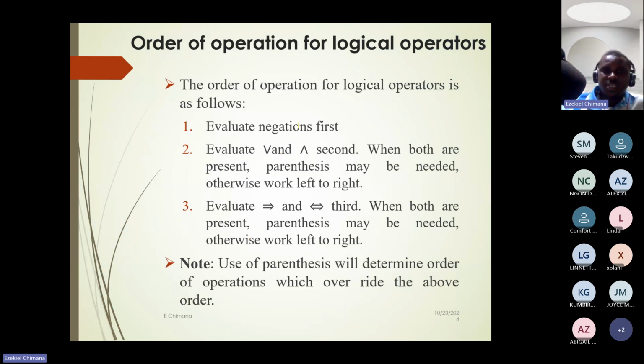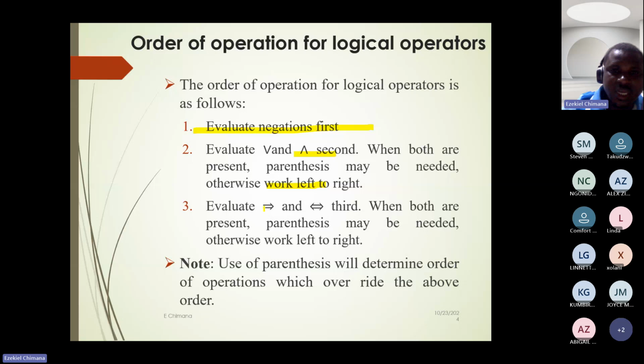Then order of operation for logic. This is like what you have with BODMAS or BOMDAS, something like that. The order of operation for logic operators is as follows. If you are given a compound statement, you need to evaluate negation first, then evaluate the AND and OR. Second, when both are present, parentheses may be needed, otherwise you work from left to right.